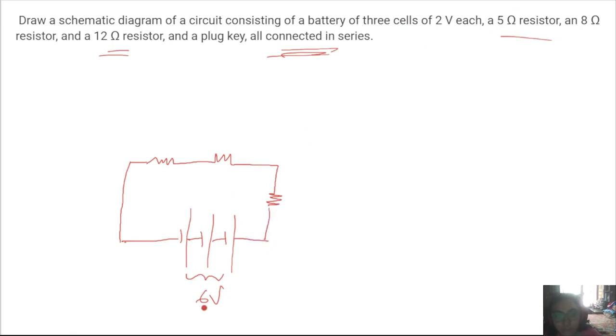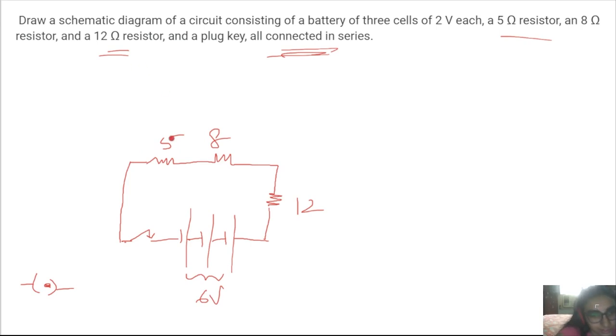So we got the voltage, we got the resistances 5, 8 and 12, and a plug key. So we also have to draw a plug key here. So let's just draw it here. You can draw it like this. You can also draw it like this. Anything is fine. Okay.